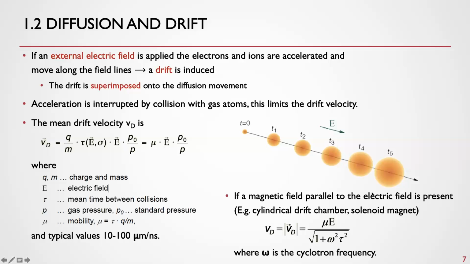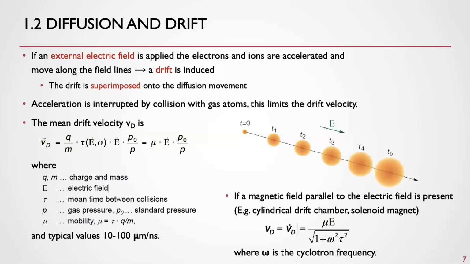So if there is a magnetic field, for example, parallel to the electric field that's shown here, then the charged ions and the electrons will not drift along straight lines, but they will drift in spirals, spiraling around the magnetic field lines.